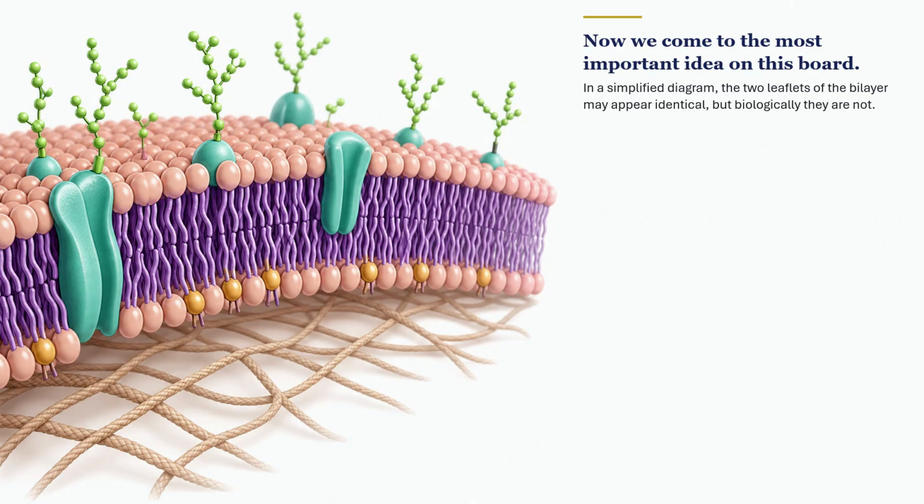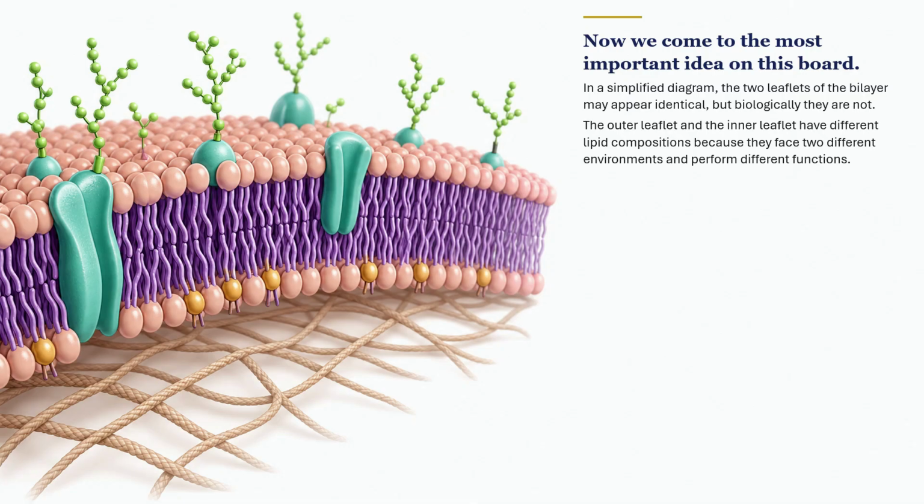In a simplified diagram, the two leaflets of the bilayer may appear identical, but biologically they are not. The outer leaflet and the inner leaflet have different lipid compositions because they face two different environments and perform different functions. The outer leaflet contains large amounts of phosphatidylcholine and sphingomyelin.